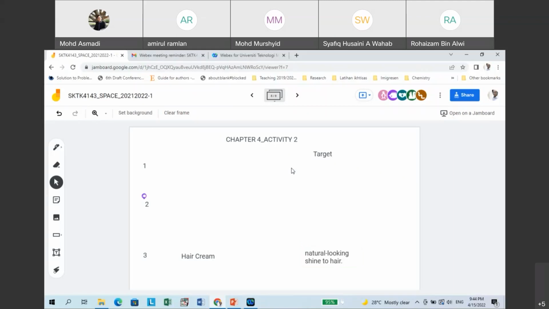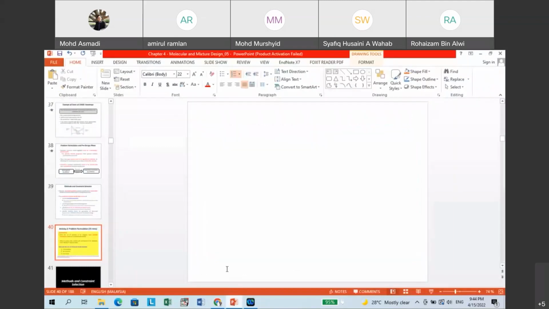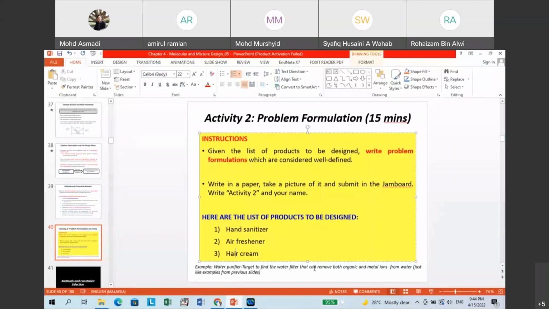Your target, what is it? Like just now, the water one. Target to find the water filter that can remove both organic and metal ions from water.